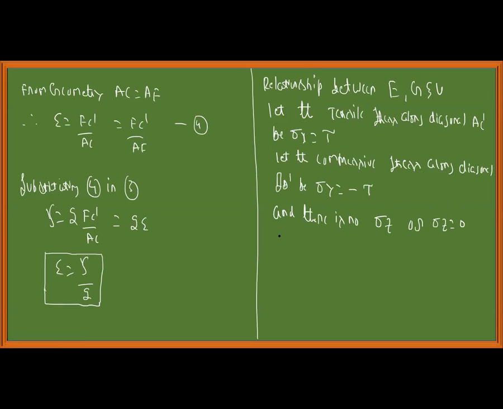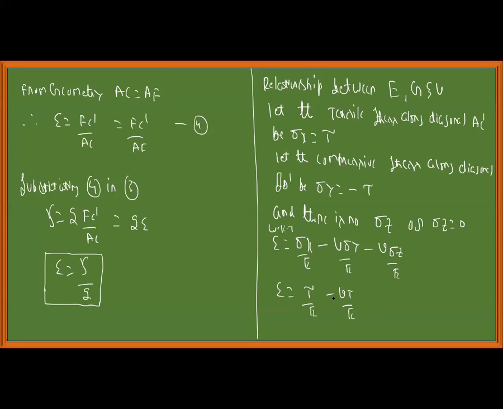Okay, we know that strain along the x-axis is given by sigma x by E minus nu times sigma y by E minus nu times sigma z by E. I can write epsilon is equal to sigma x, which is tau, by E minus nu times minus tau by E plus 0.